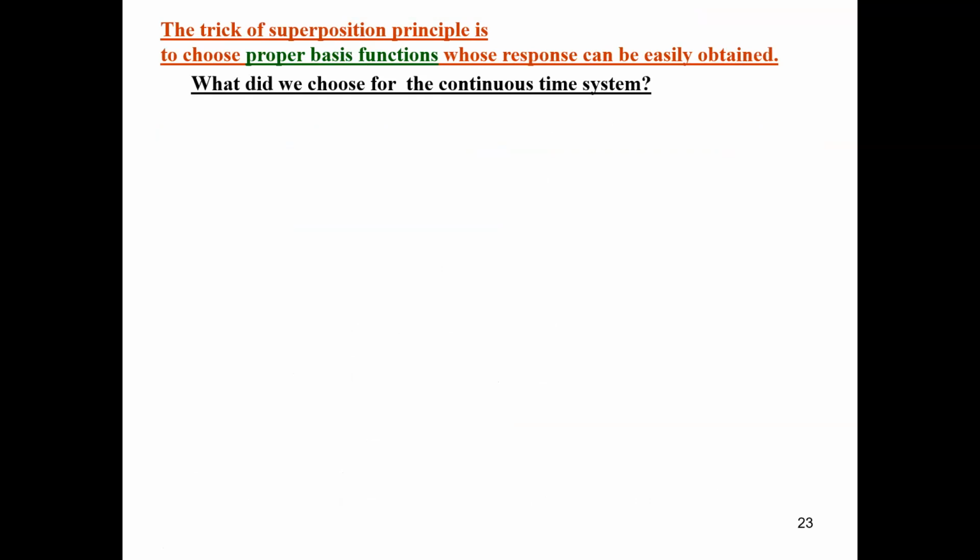Now, recall, last time, what did we choose for the continuous time system? What did we choose as the basis function to compute the output? Exponential signal, e to the st. And the sinusoid is just a special case of this exponential signal.